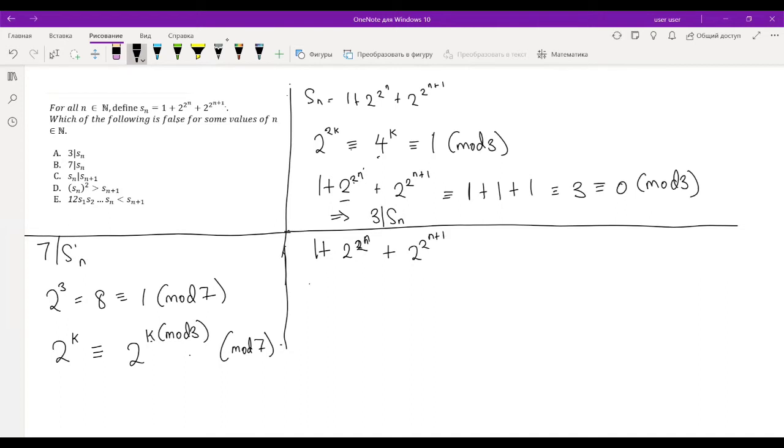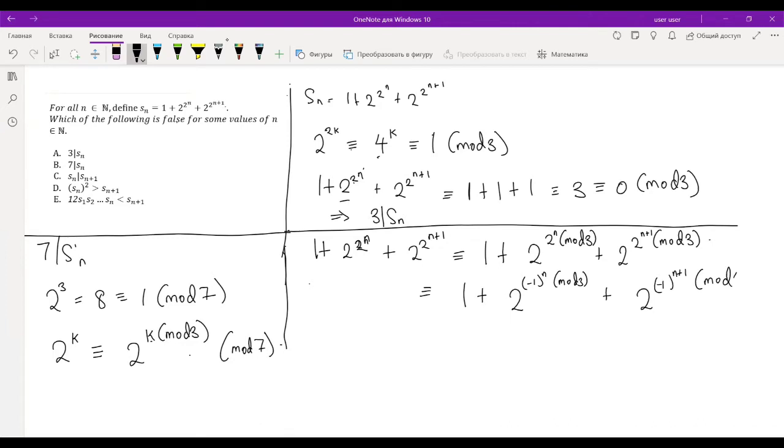So based on the facts we got on the left hand side, we can conclude that this will be 2^n mod 3 plus 2^(n+1) mod 3 also. And that's equivalent to 1 plus 2^(n) where 2 mod 3 is minus 1. So this is (-1)^n mod 3 plus 2 also (-1)^(n+1), just as n plus 1 is there, mod 3.